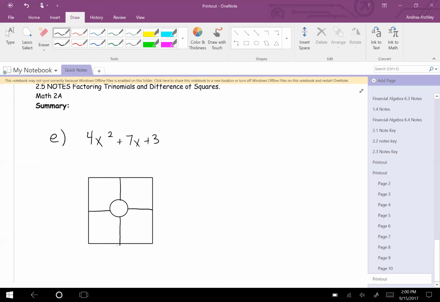I'll wait for you guys to draw the picture. If at any time I'm going too fast, please just ask me to slow down. Okay, I want you to copy all of this. We won't have to show as much work the whole time, but I want to just get lots of information here for you guys.